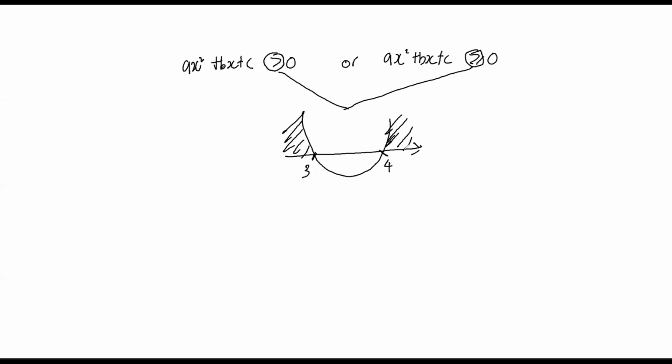Because of that, your answer for x will be x lesser than 3 or x greater than 4. Ada kata tadi right hand side bigger, left hand side is smaller. Equal sign ni letak jika soalan memberikan equal sign. Jika tidak, maka you don't have to insert the equal sign.